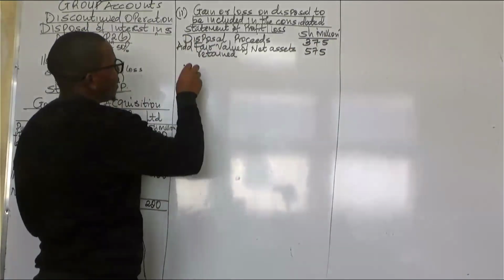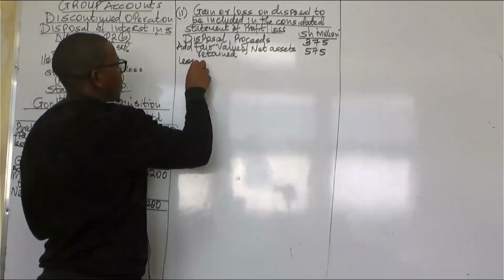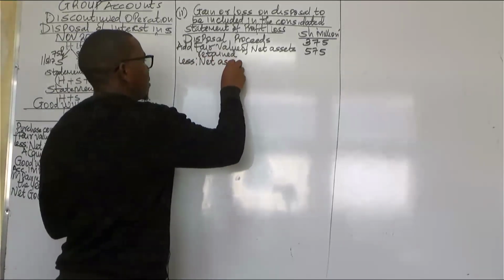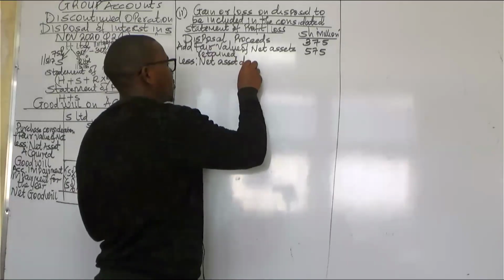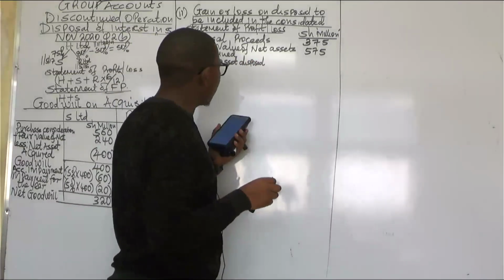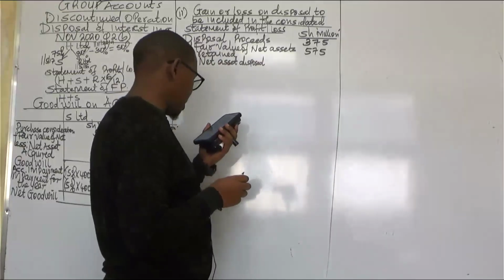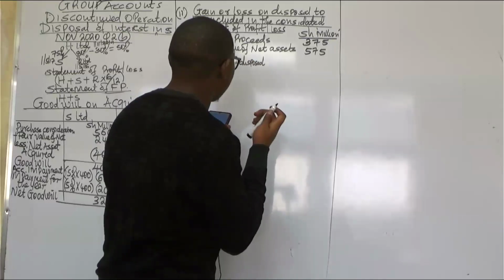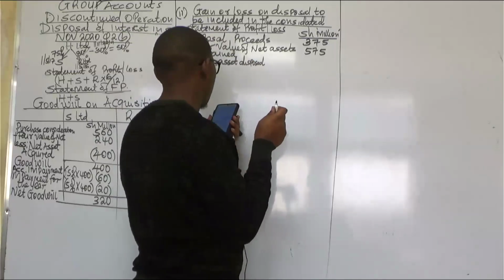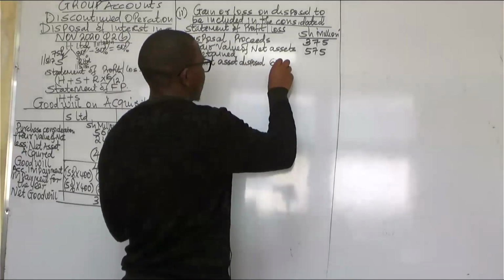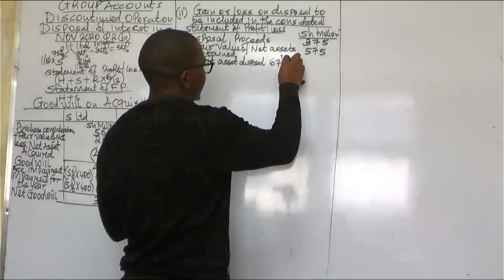And then from there we less the net assets disposed. Now, what was the net assets that were disposed at that time? We were told that the net assets as at that time was 675.